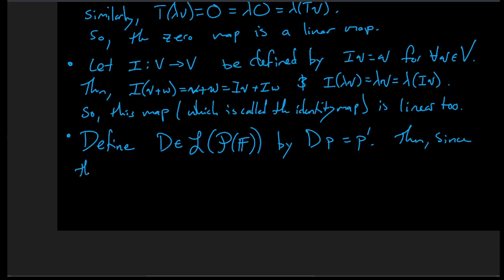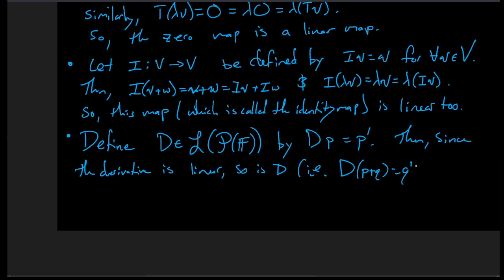Then, since the derivative is linear, so is D, i.e. the derivative, let me make that clear, that's a D and not a p, of p plus q. We all know the derivative of a sum is the sum of the derivatives. I've written the q first for some reason.